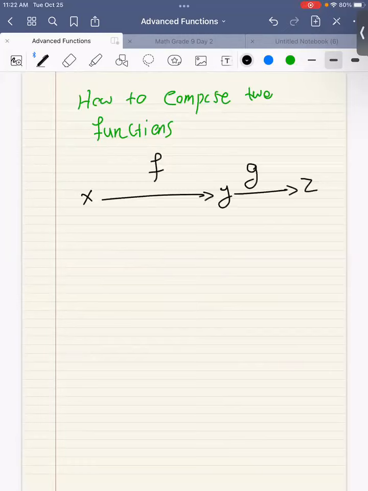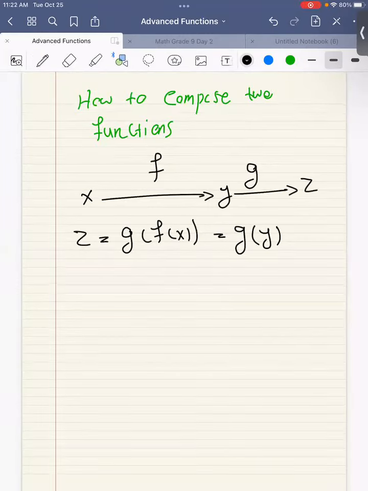Here we say that z is equal to g of f of x, which is equal to g of y. So let me draw another picture that might be helpful.